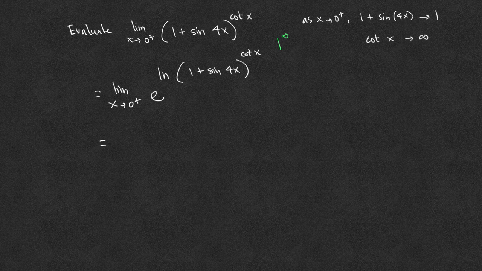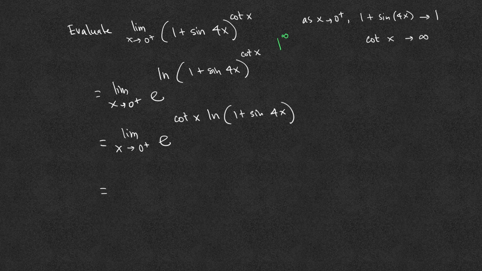Yes, e and ln cancel out, but we introduced e and ln so that we can bring down cotangent of x to the front of ln. It remains to evaluate this limit.